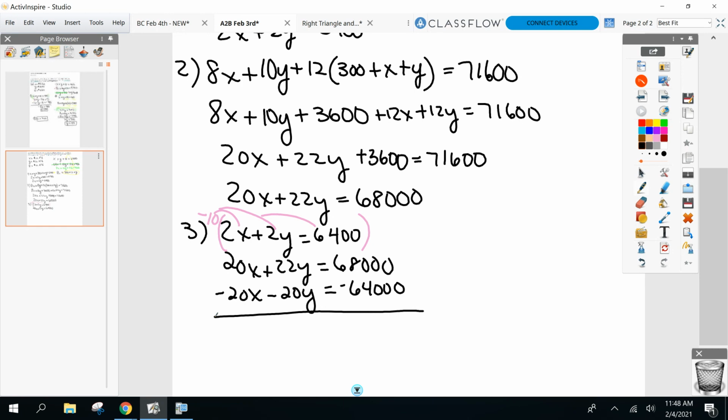The x's are gone, and we're almost home. 2y equals 4,000. So it looks like the amount we put in the 10% fund was $2,000.